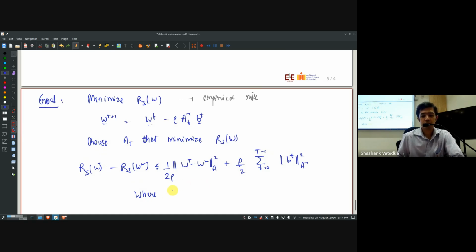Where this norm square subscript A essentially means X transpose AX. So this particular quantity is simply Wt minus W star transpose A Wt minus W star. And this quantity is Bt transpose A inverse Bt.